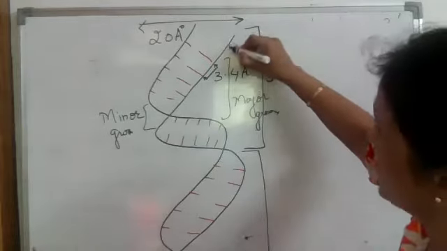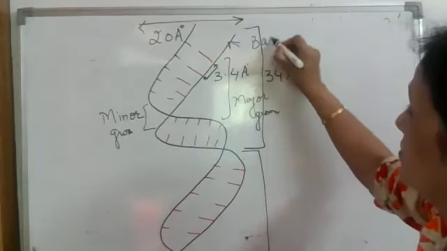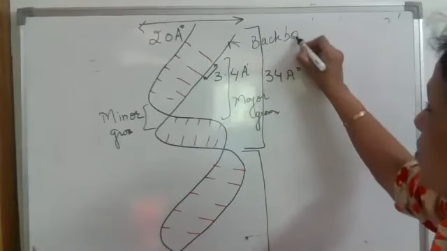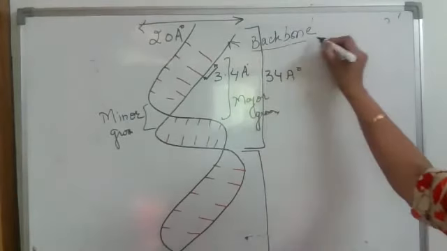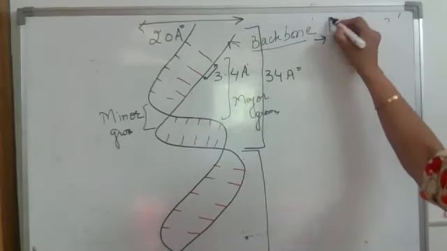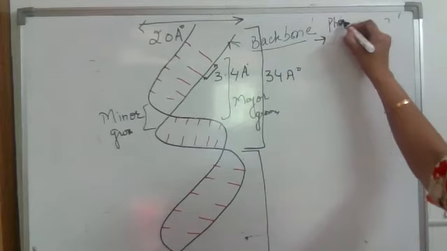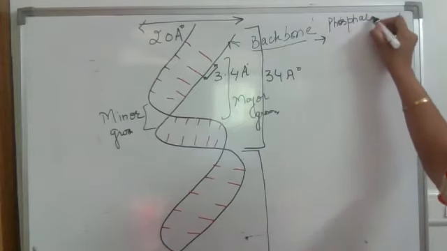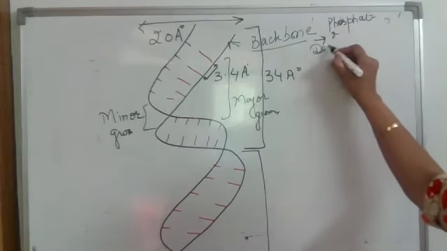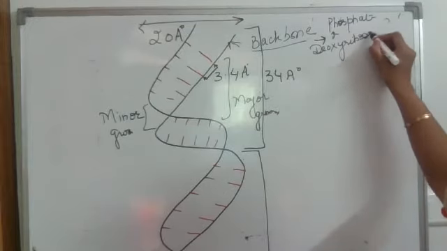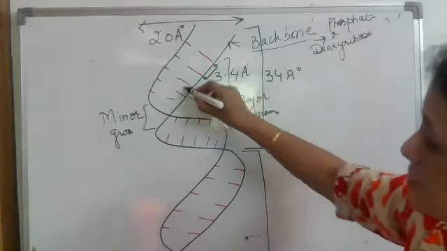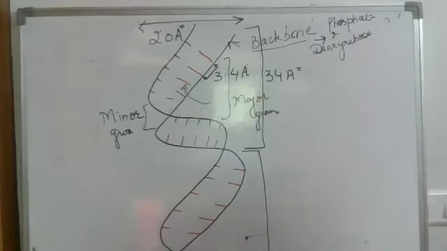This is known as backbone of the DNA, and we have seen that this backbone is made up of phosphate group and deoxyribose. And the nitrogenous bases are projected inward.